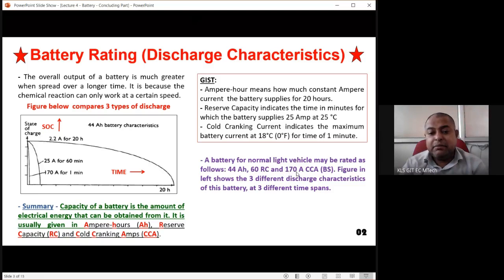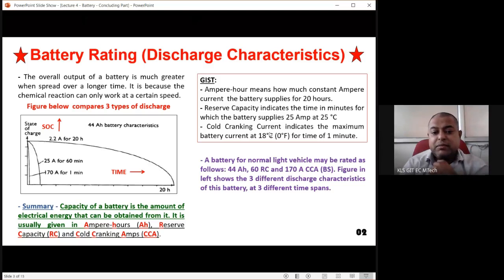I'm sorry, 60 RC does not mean 60 ampere. 60 RC means 25 ampere for 60 minutes, and 170 ampere CCA means that 170 ampere is supplied for 1 whole minute when the ambient temperature is minus 18 degrees.